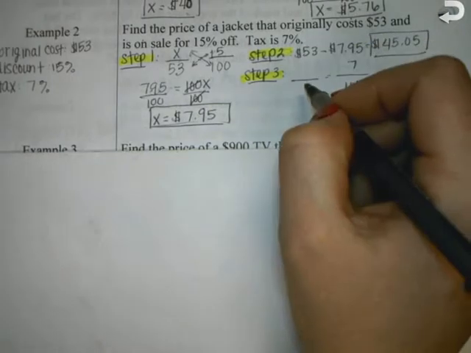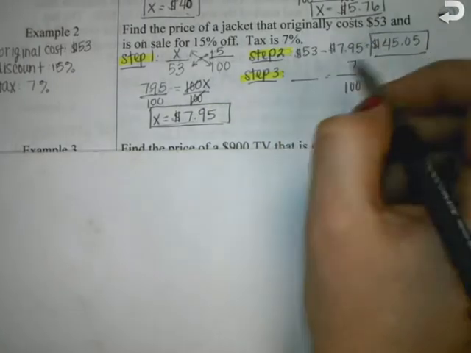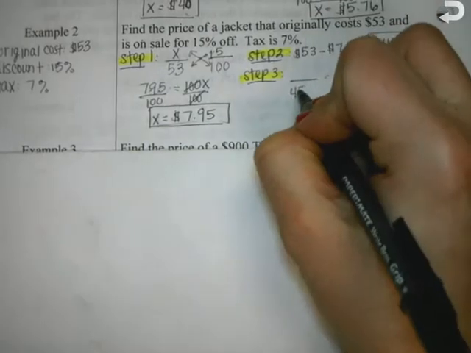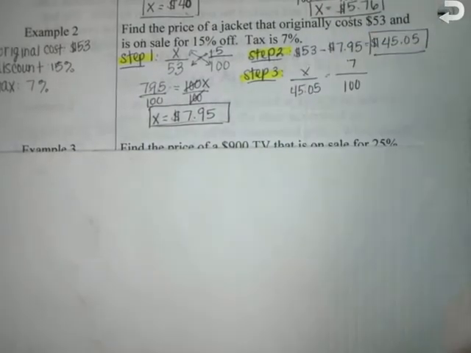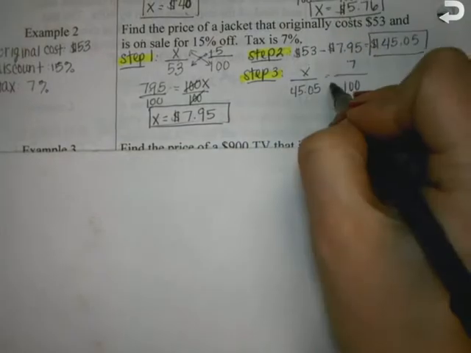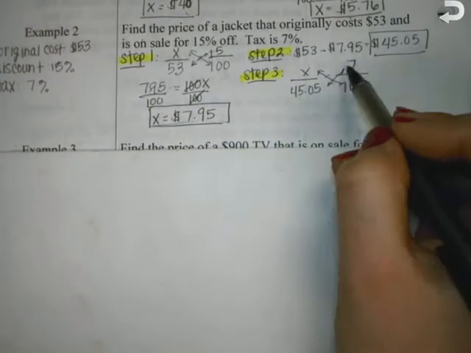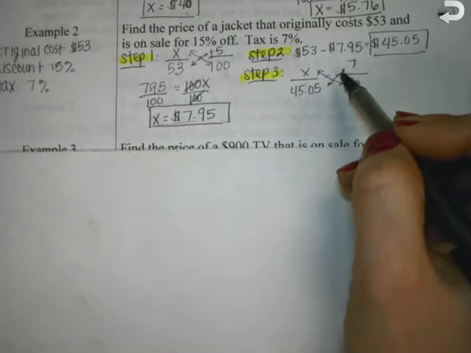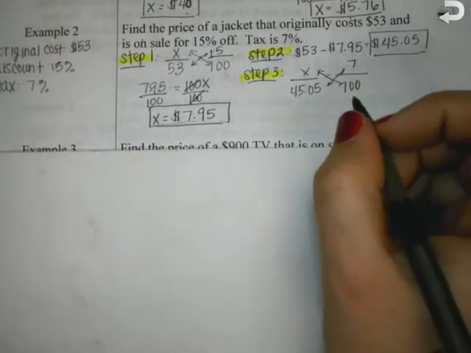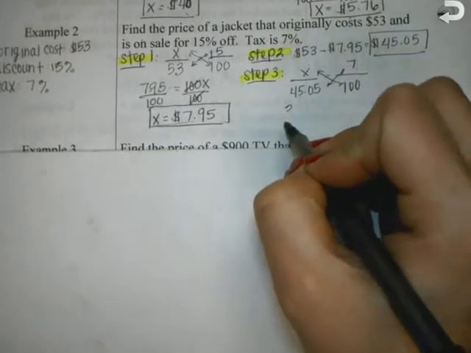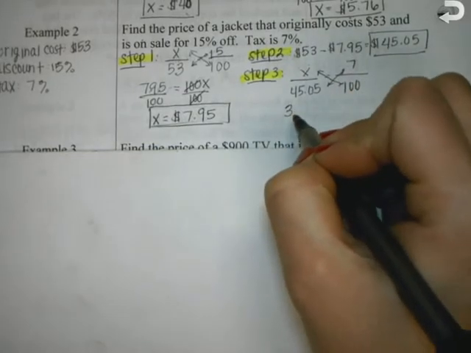So then let's cross multiply here. Did anybody do 45.05 times 7 yet? What'd you get? 315.35 equals 100x.